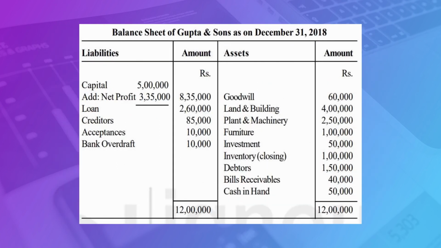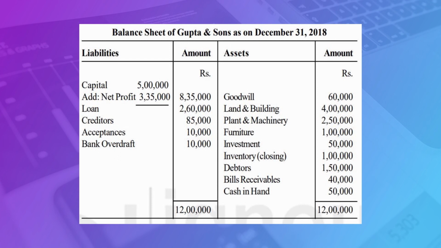Therefore, first it was recorded in the credit side of the trading account, and next it was recorded in the asset side of the balance sheet, 1 lakh closing stock.